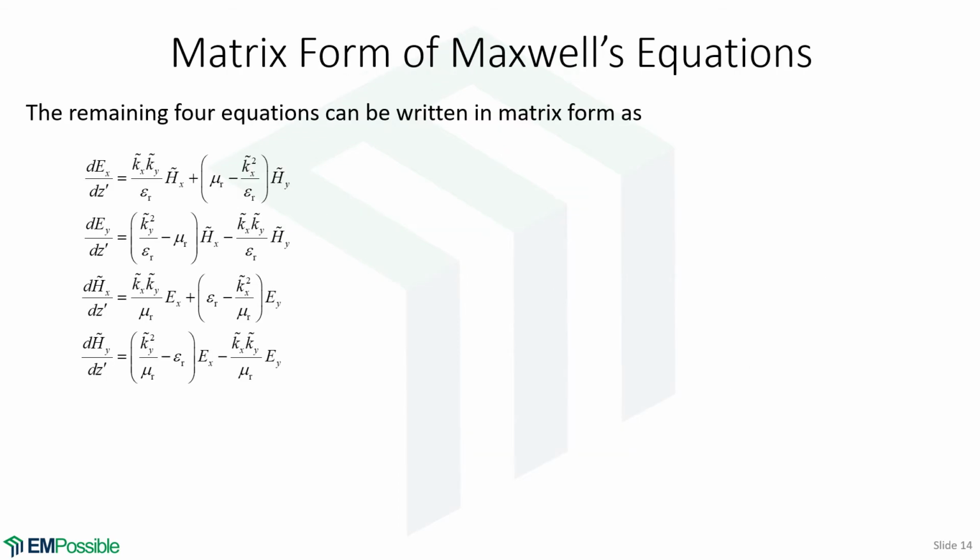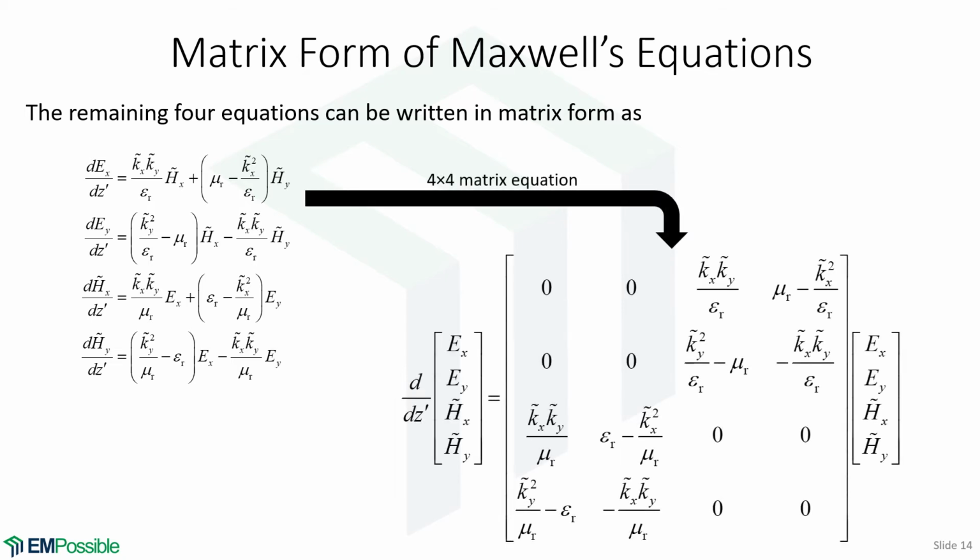So here are our 4 equations from the previous slide. What we can do now is put that into the form of a matrix equation. On the left, we have our derivative with respect to z of Ex, Ey, Hx, and Hy. We have our unknowns over here, Ex, Ey, Hx, and Hy.